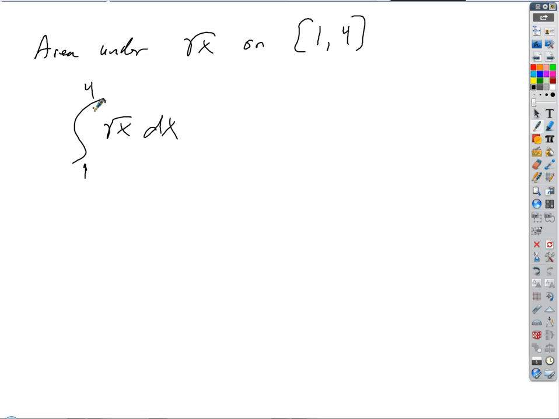Right? No big deal. What's the antiderivative of x to the 1/2? Right? But we don't put the plus c this time. We're just going to evaluate this from 1 to 4. So what's that mean?